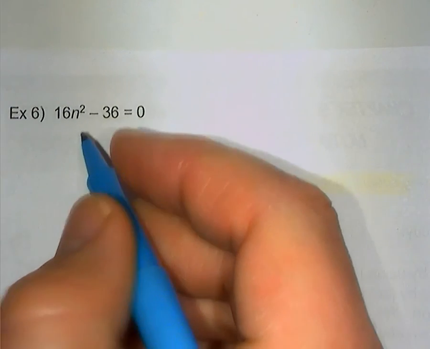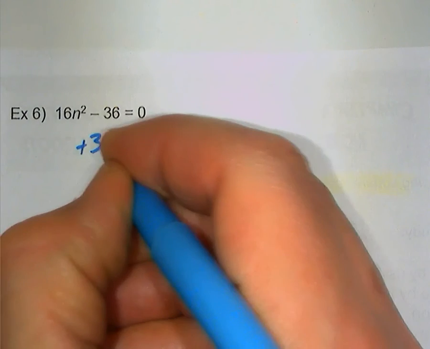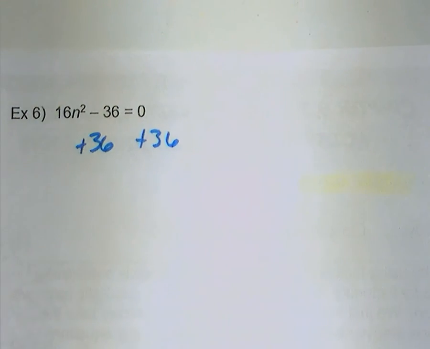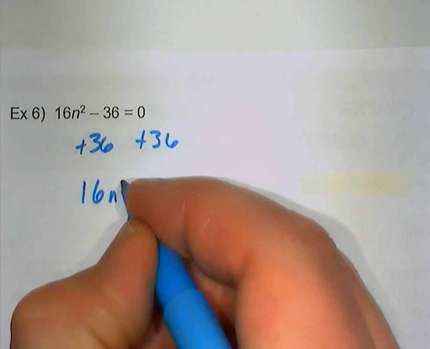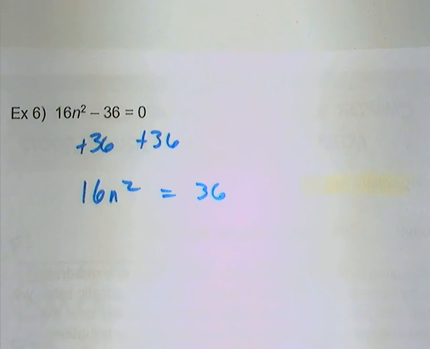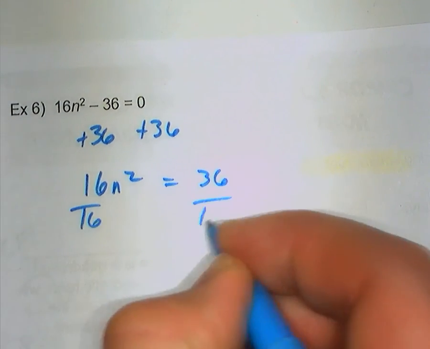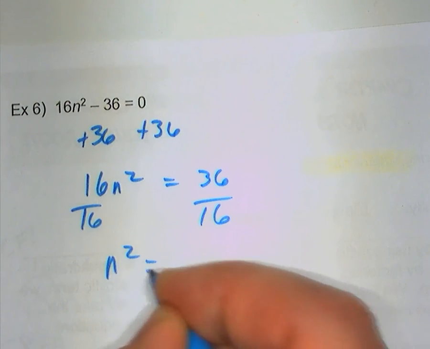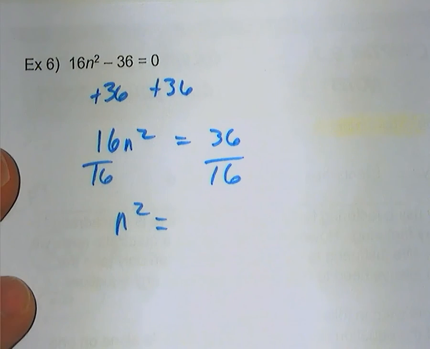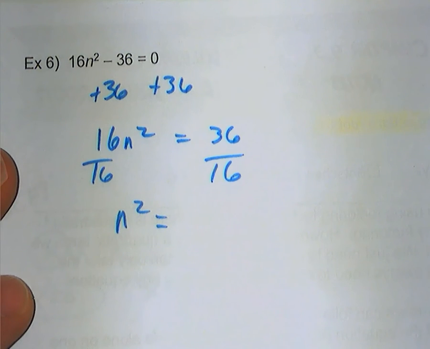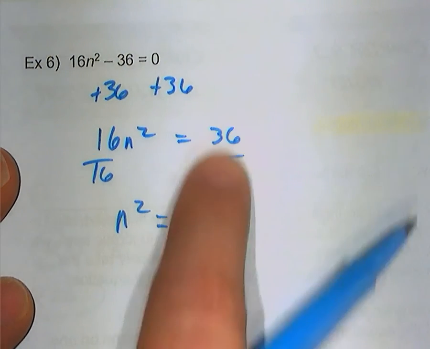Add the 36 over. We get 16n squared equals 36. We divide by 16. Before I do anything, I like to reduce if I can. Can I reduce 36/16?